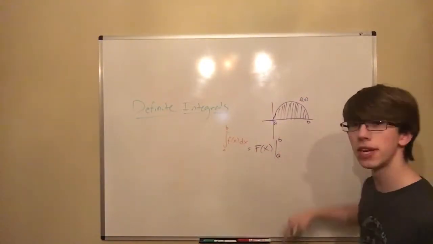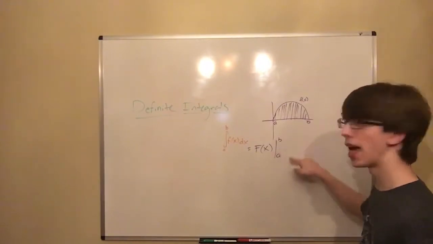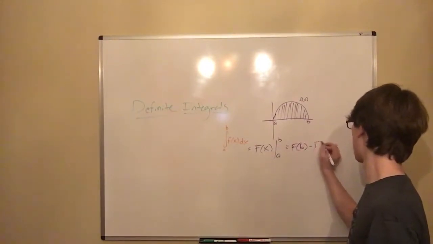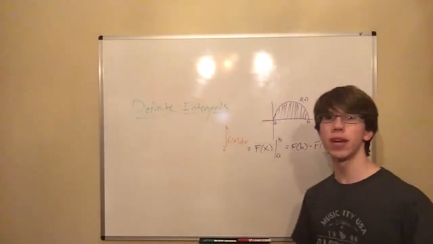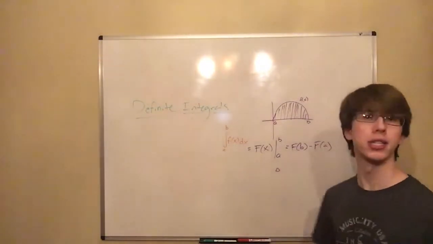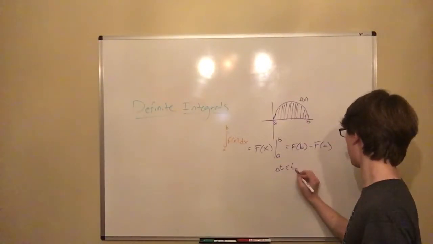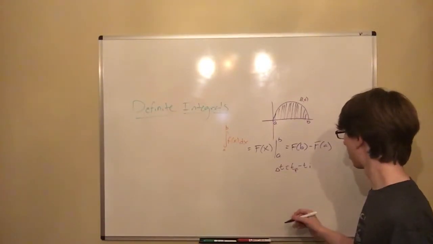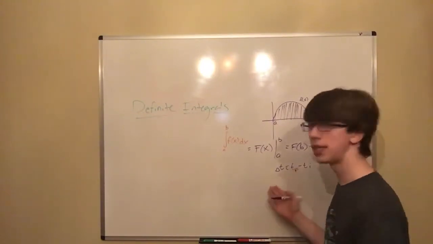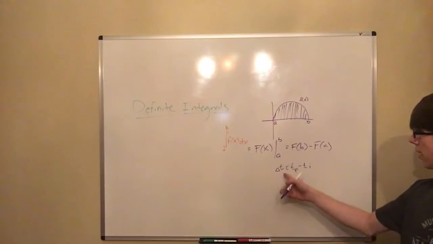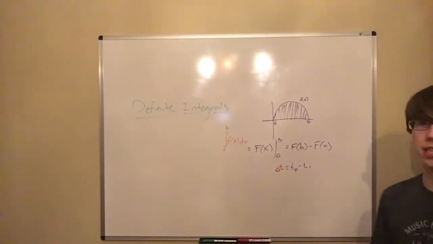The change notation basically is saying from A to B, which is equal to F of B minus F of A. Sort of like how delta works in equations, like delta t is equal to t final minus t initial. In this case we have final being B and initial being A, and delta is just the antiderivative of f.